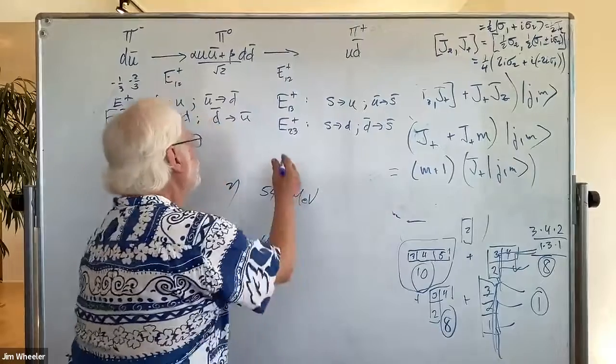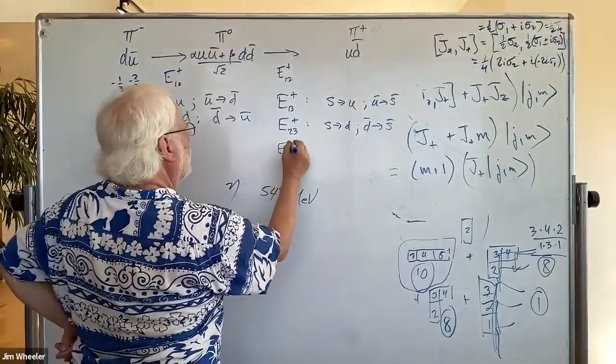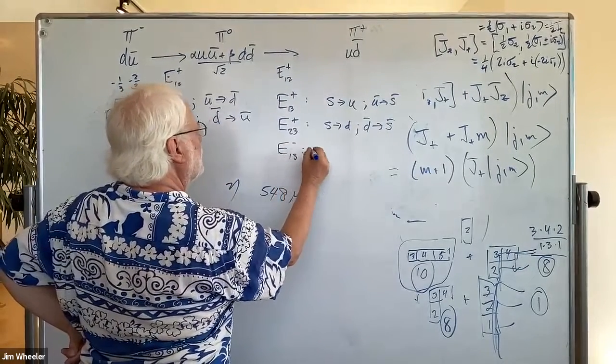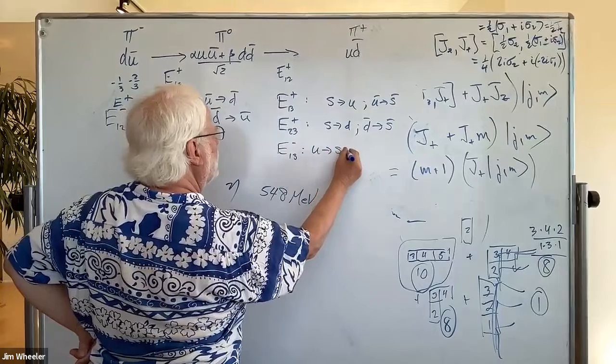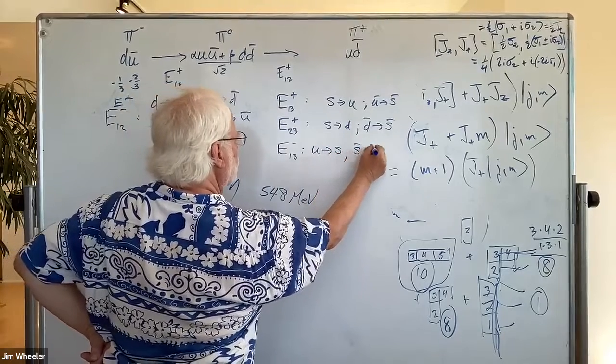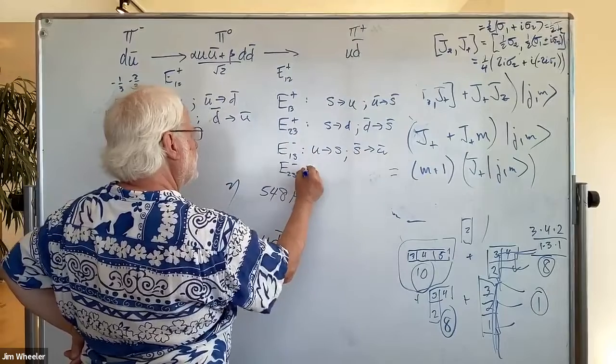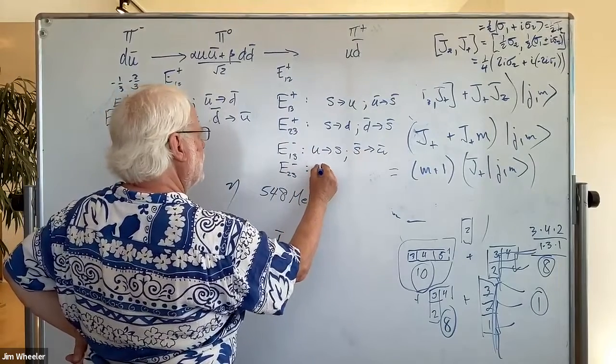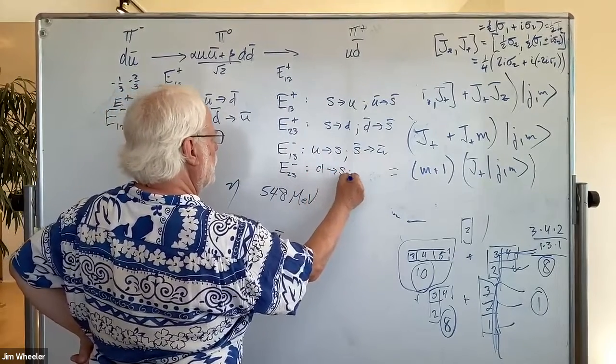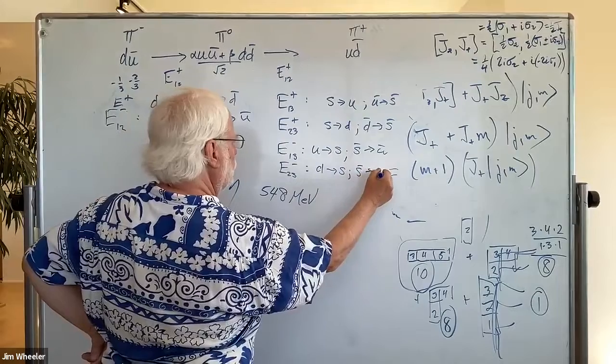So we have E13 minus can take a U to an S, or an S bar to a U bar, and E23 minus can take a D to an S, or an S bar to a D bar.